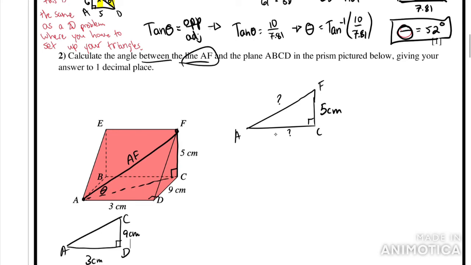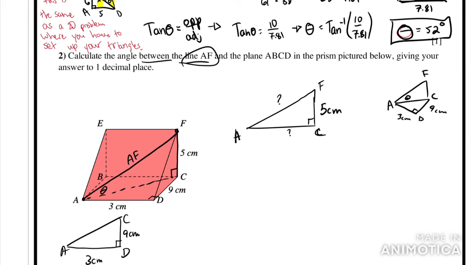And I notice that I have A to C on both of my triangles, so I can actually put them together, so I end up with sort of this A to F to C, and then I've got my D here. And I can solve for that.